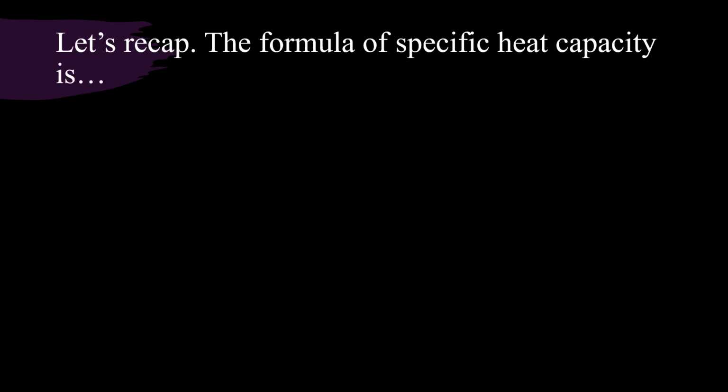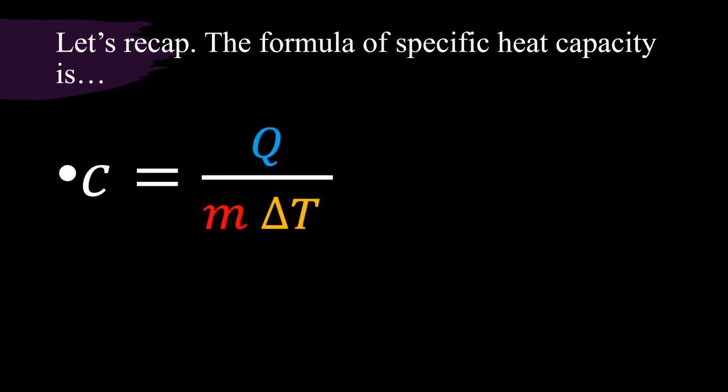If you look at the formula again, I hope you remember that C, the specific heat capacity, equals the energy Q divided by mass times delta T, which is the change in temperature.